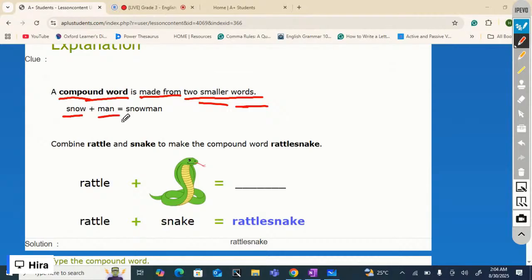These are two words. Snow has a separate meaning, and man has a separate meaning. But when you join these two, you get a new word, snowman. And snowman is a compound word which is made from two smaller words.